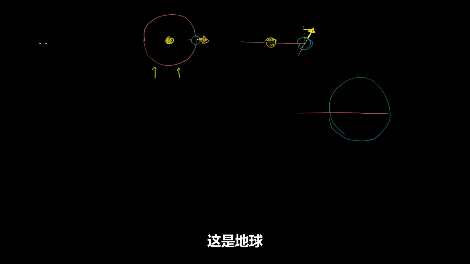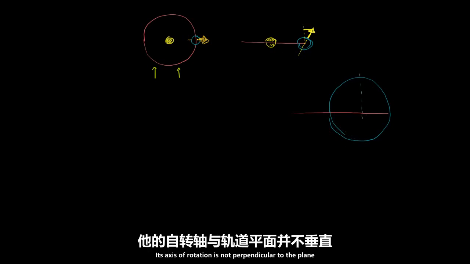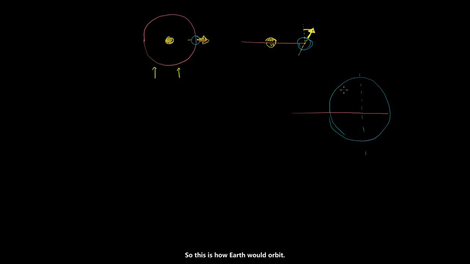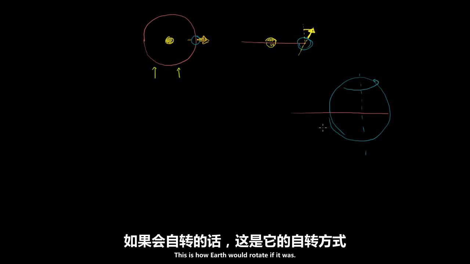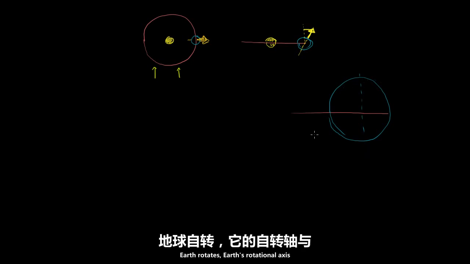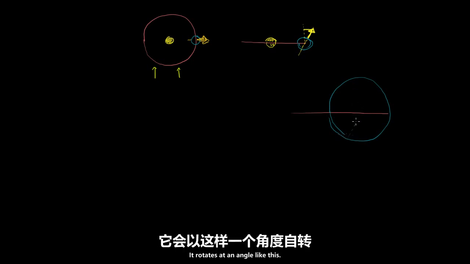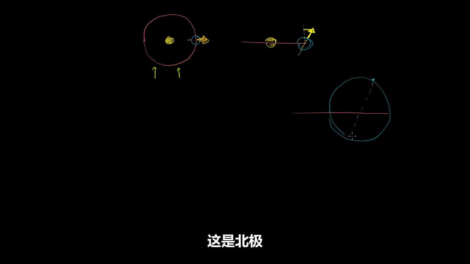Earth's axis of rotation is not perpendicular to the plane of the orbit. This is how Earth would rotate if it was. Earth's rotational axis is at an angle to the vertical relative to the plane of its orbit. It rotates at an angle like this. So this would be the North Pole. That is the South Pole.